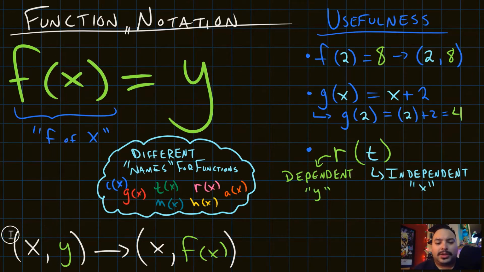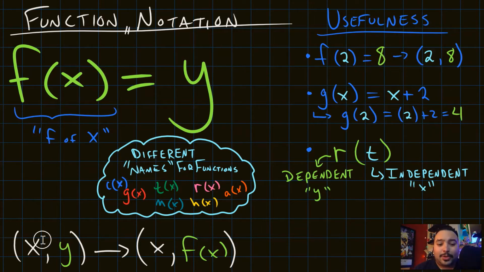When we are looking at coordinates, we have to remember that the y values, we really think of them as f of x values now. We're going to be using this f of x notation for everything, and just know that really it's the same thing as y. So the usefulness of it comes in a variety of ways.